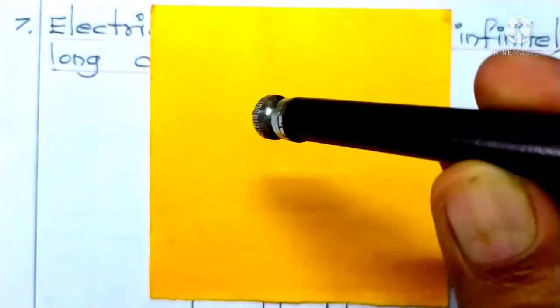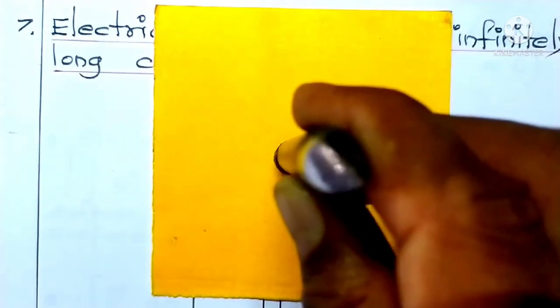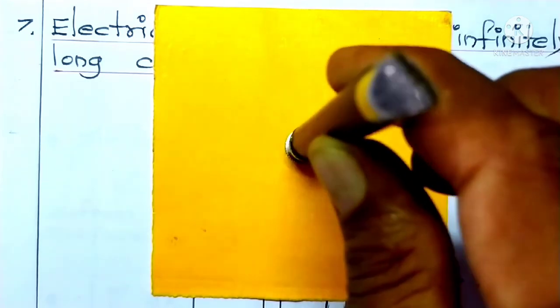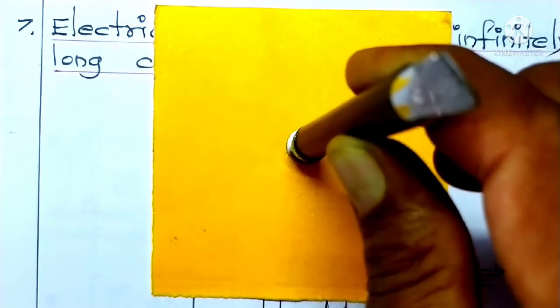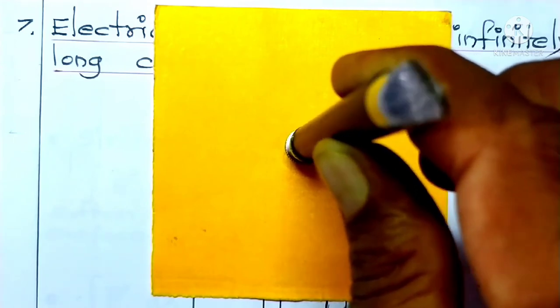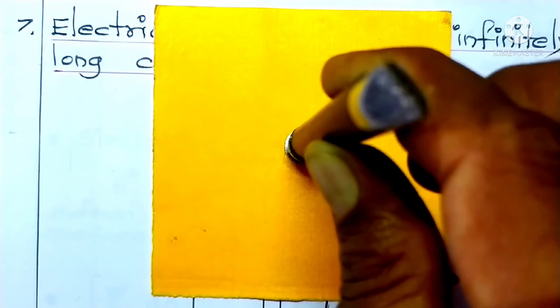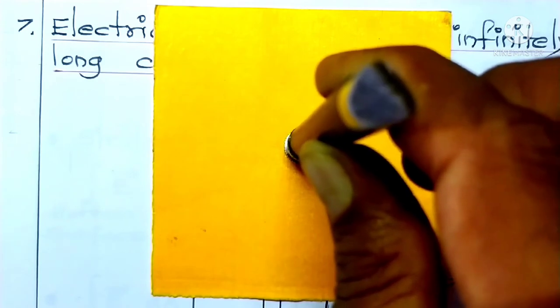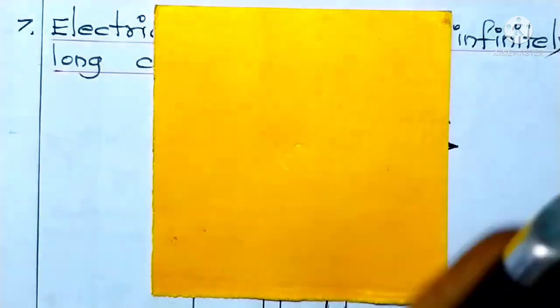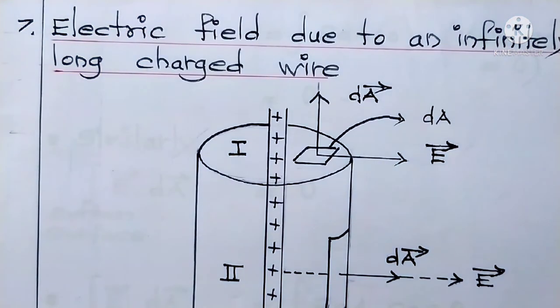This rod represents the areal vector of this surface. So what is meant by an areal vector? Any vector which is drawn perpendicular to any surface or area is known as areal vector. By keeping this in mind, let us derive the derivation.